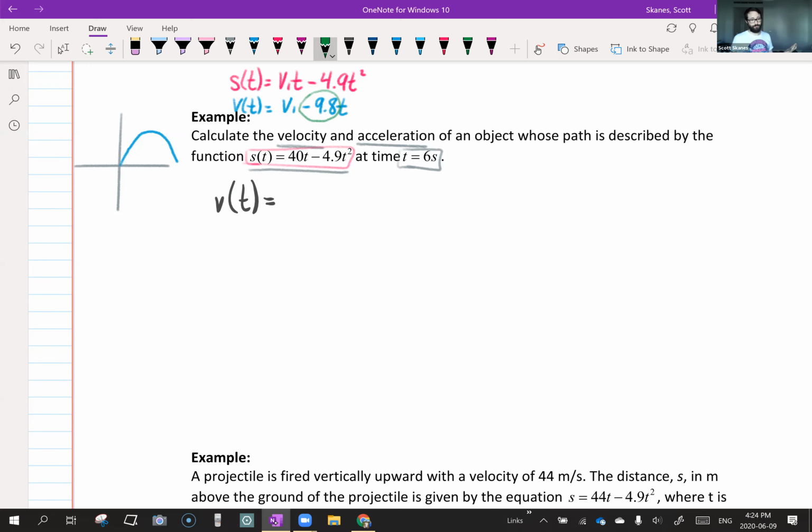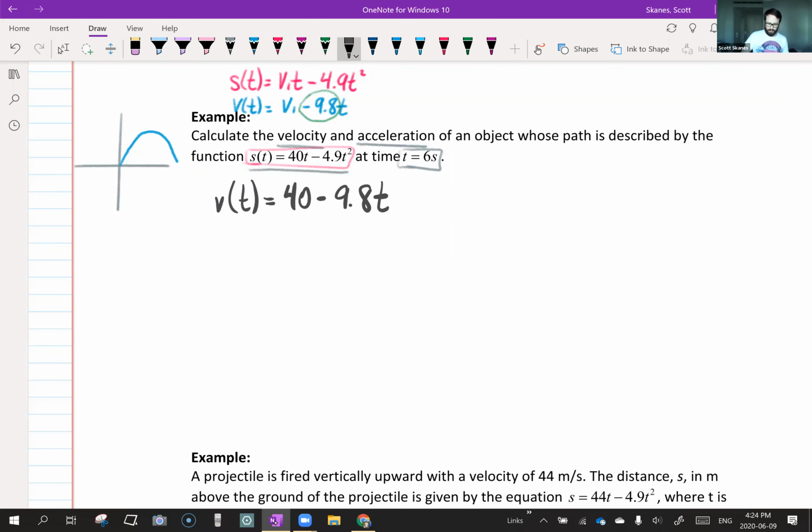What is it? What's this term? Not just velocity, it's gravity. It's negative 9.8. Acceleration of gravity. So these concepts that we're talking about now, even if you don't know what we're talking about, you can connect them to physics. So I'm not going to ask you to connect it to physics, but it's important to at least think about it. Anyway, the velocity is 40 minus 9.8t.